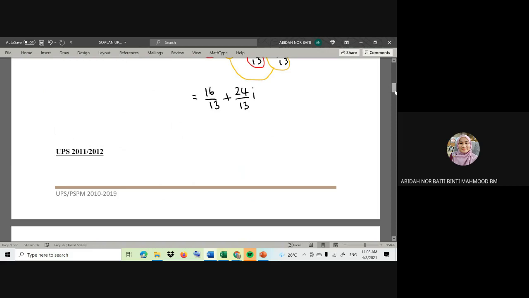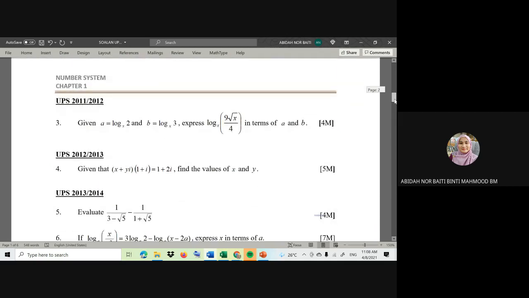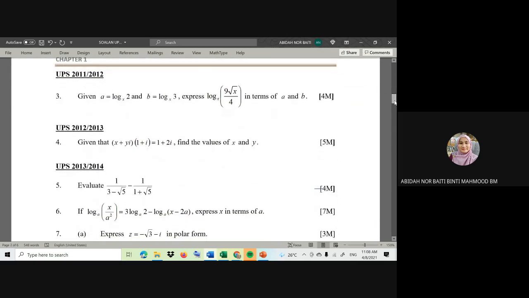Okay, for number 3, this is log. Boleh buat tak number 3 tu? Number 3 tu boleh buat tak? 4 marks.